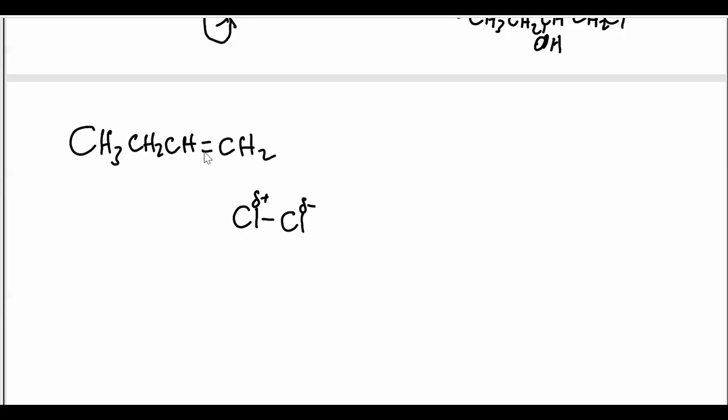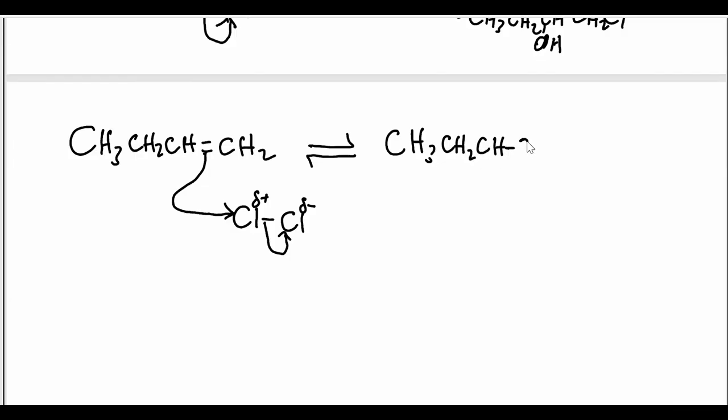The double bond attacks the partial positive electrophile, and the bond breaks. Here we have our intermediate, CH3, CH2, CH, CH2, Cl, and the carbon atom becomes a carbocation.